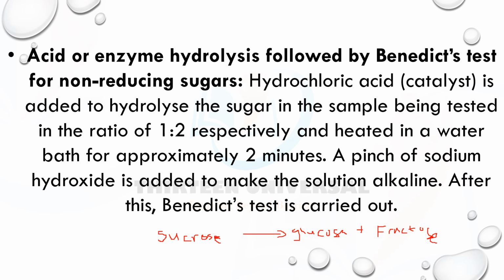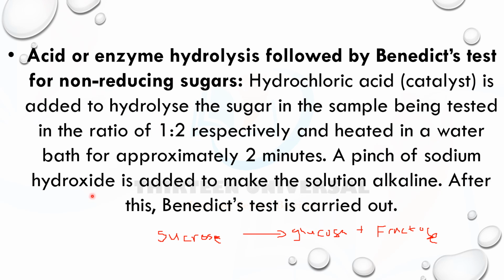So how do we check whether it is present in a sample? Guys, don't forget, the first thing you do is carry out tests for reducing sugar. Please, if you want to do this, do tests for reducing sugar first. Why? Because the result is the same as that of non-reducing sugar.